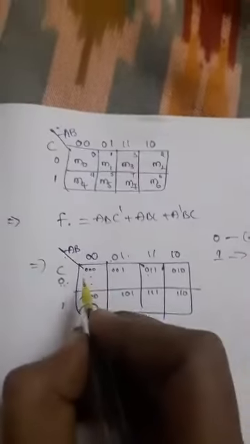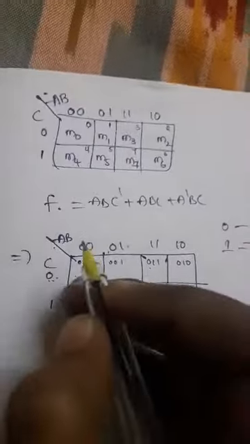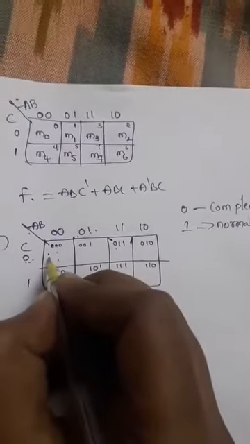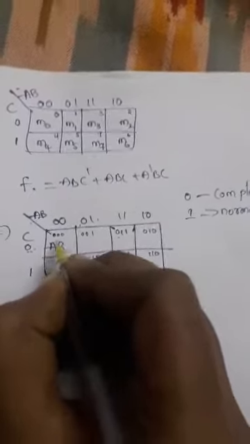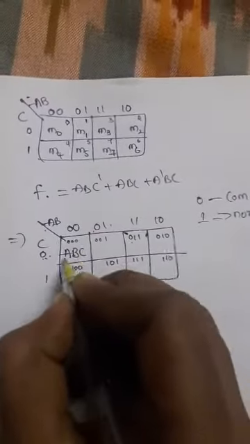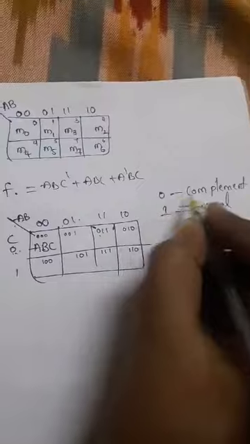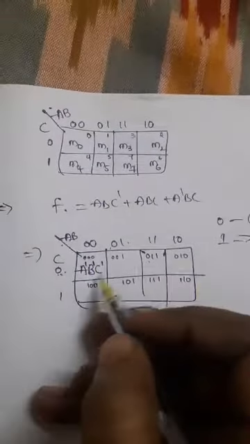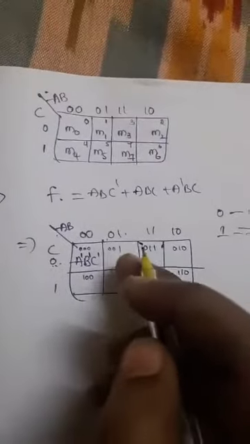Okay, so now this binary information can be converted into the variable representation. That is nothing but here, the top of the boxes will have A, B, and this is C. Okay, this box consists of A, B, C, but 0 is always a complement term. So you can represent it like this: A complement, B complement, C complement. That must be in product term.